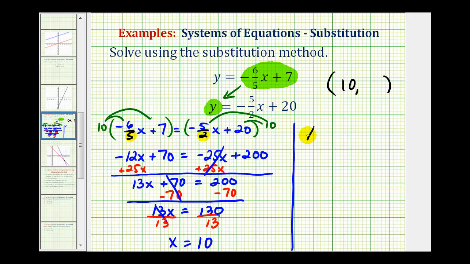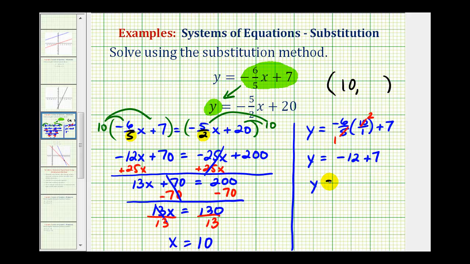We know y is going to be equal to negative 6/5 times x, which we now know is 10, or 10 over 1, plus 7. And again, this simplifies. There's 1 5 in 5 and 2 5s in 10. So we have y equals, this would be negative 12 plus 7.